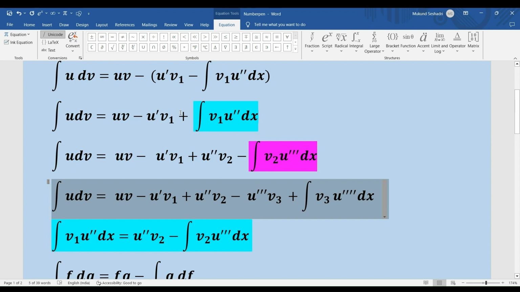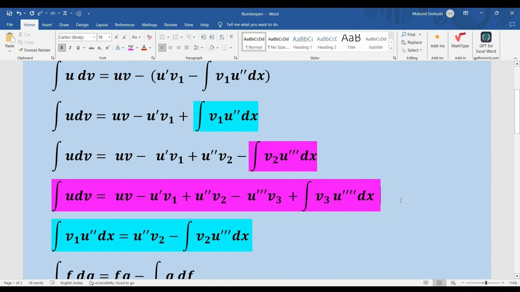And this is how we go on expanding using integral by parts until the integral expression that I have towards the end of my RHS becomes 0, right? So this is what we mean by Bernoulli's identity of integral by parts. And in our subsequent video, instead of going step by step using integral by parts, I'm going to directly apply this particular identity and solve the problem, right?